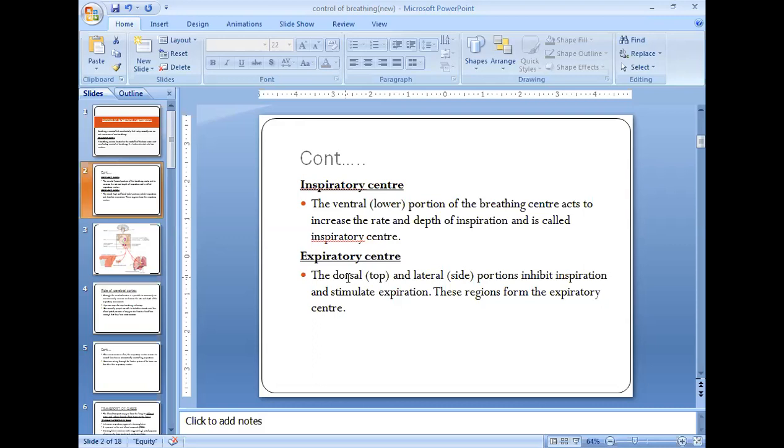The ventral side controls inspiration, while the dorsal and lateral side, dorsal being the external side of the body, controls expiration. So external and expiration. The upper side of our body is called the dorsal side, and the lower side is called the ventral side. So external and expiratory, and inner or internal and inspiratory. From this you can memorize it.